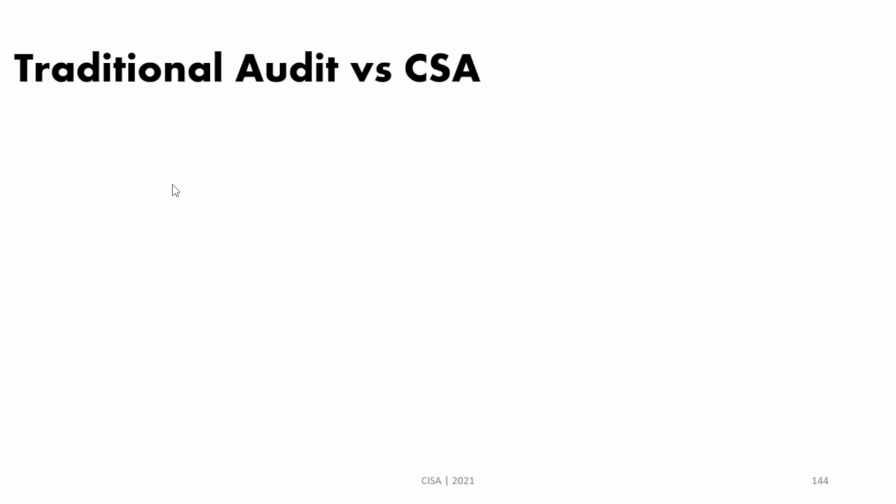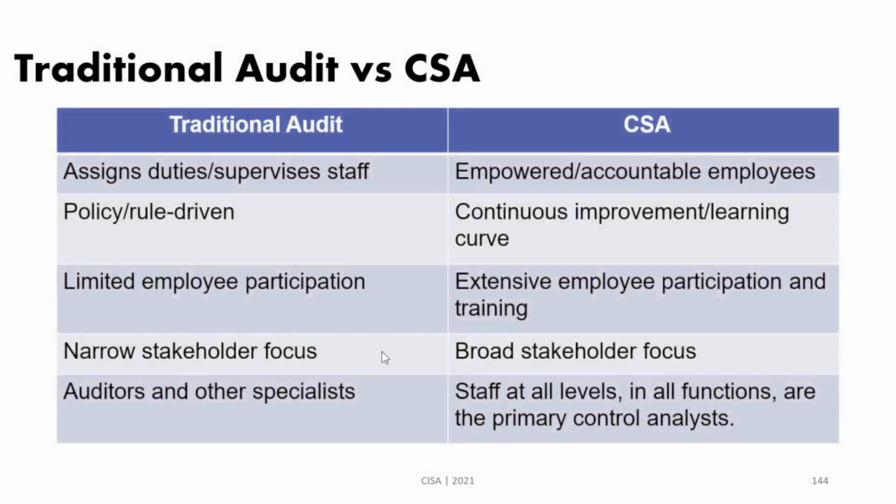When we compare the traditional audit approach versus control self-assessment, we will find that there are a lot of points of comparison. For instance, the responsibility in traditional audit is related to the audit team and audit requirements. We promote traditional audit to supervise the staff, while in CSA we are empowering the staff. Traditional audit is time-based and role-driven, while control self-assessment is continuous improvement.